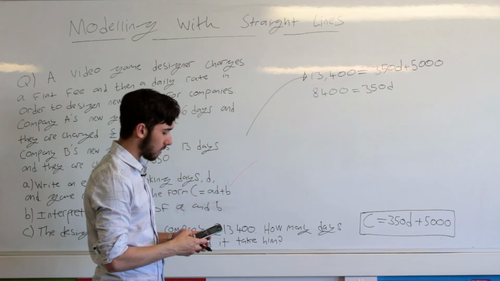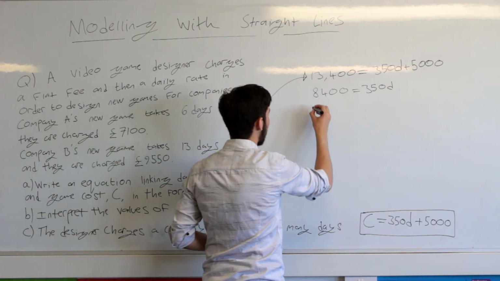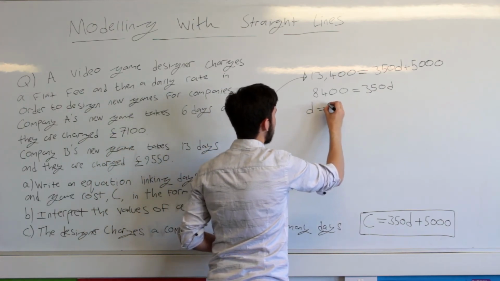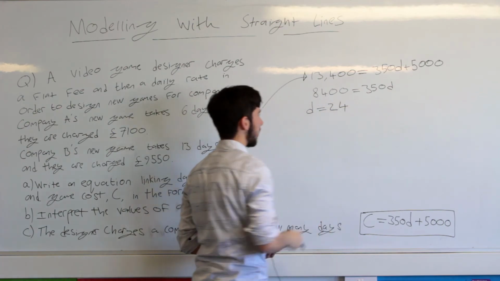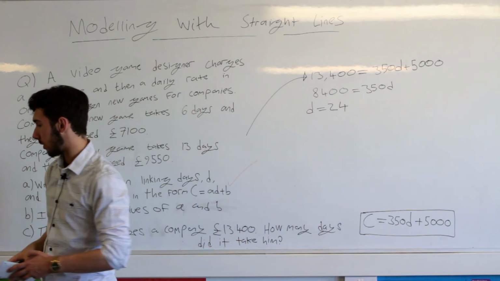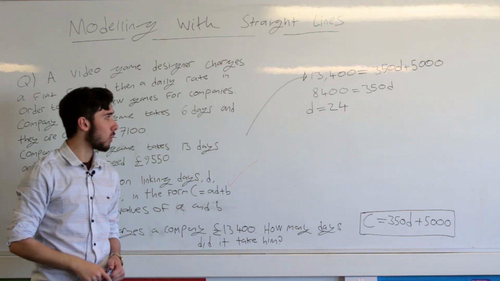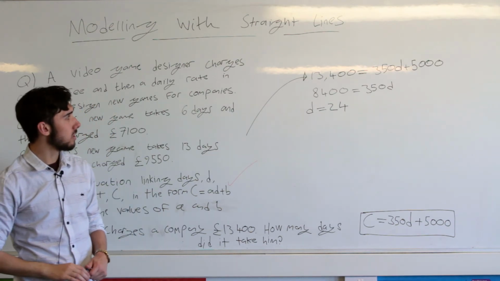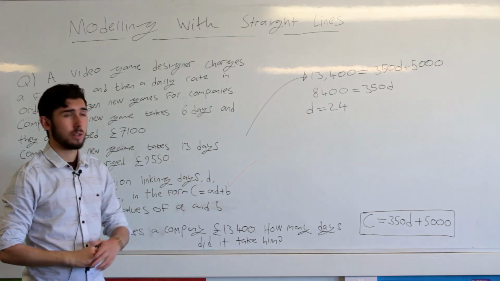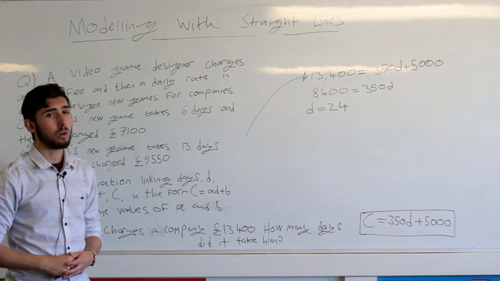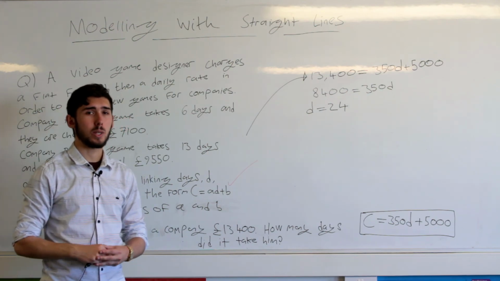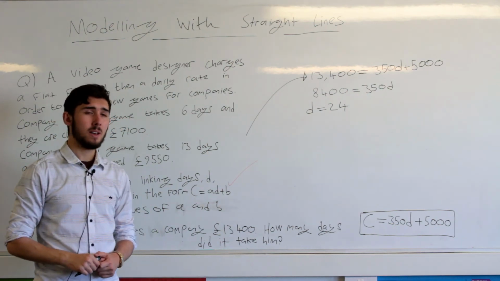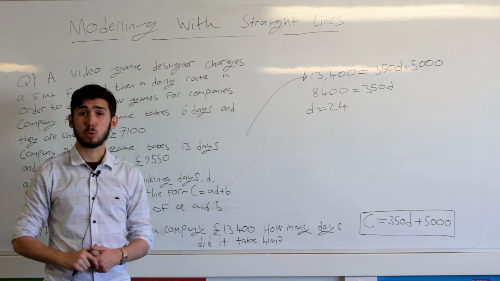Dividing both sides by 350, we get the very nice number D is equal to 24, which means it took this game designer 24 days to design the game, and it cost £13,400. So if you want a game designer and you have £13,400 to spare, then maybe this guy will work for you for 24 days.